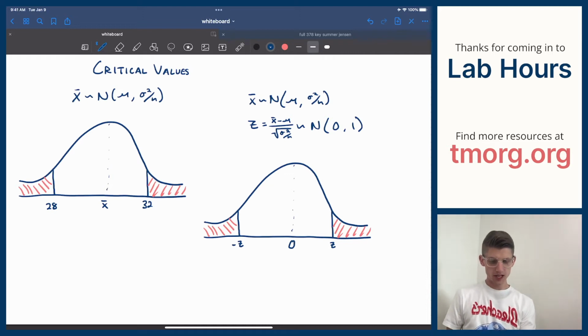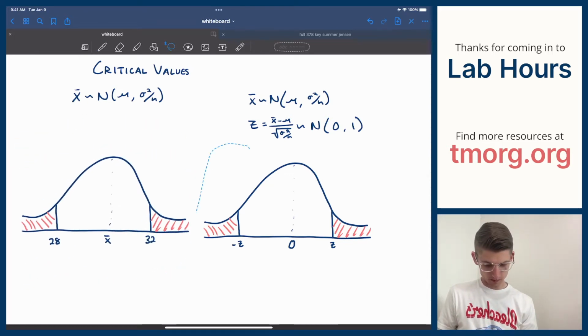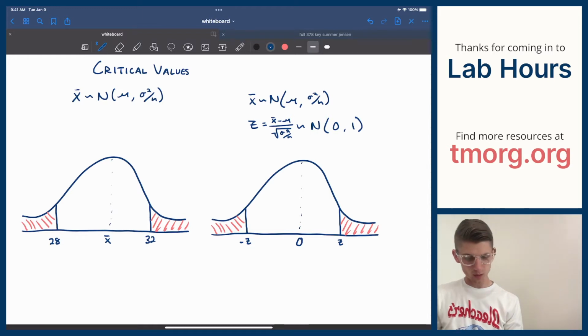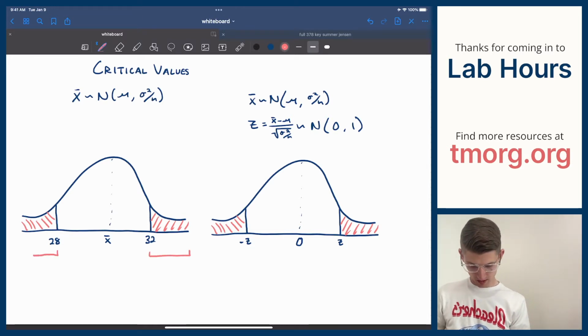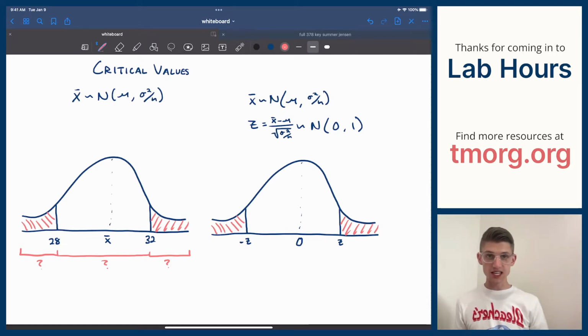The key thing to look at here is going to be the following. Okay? What percentage of the area under the curve is in this little red region that we've marked? Question mark, question mark, question mark.